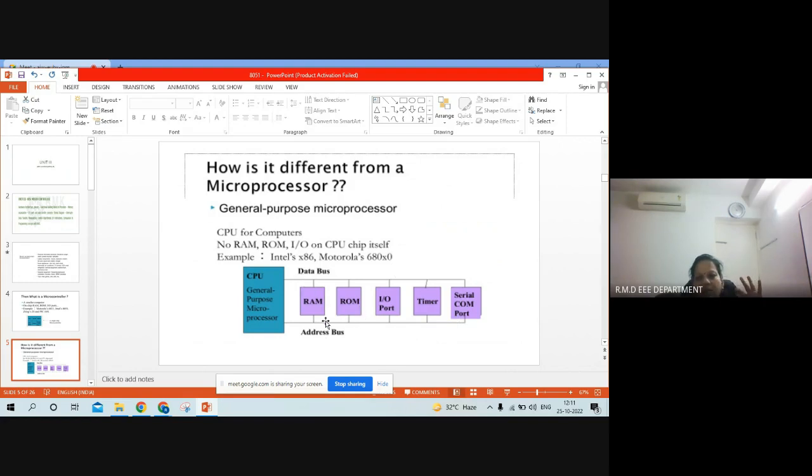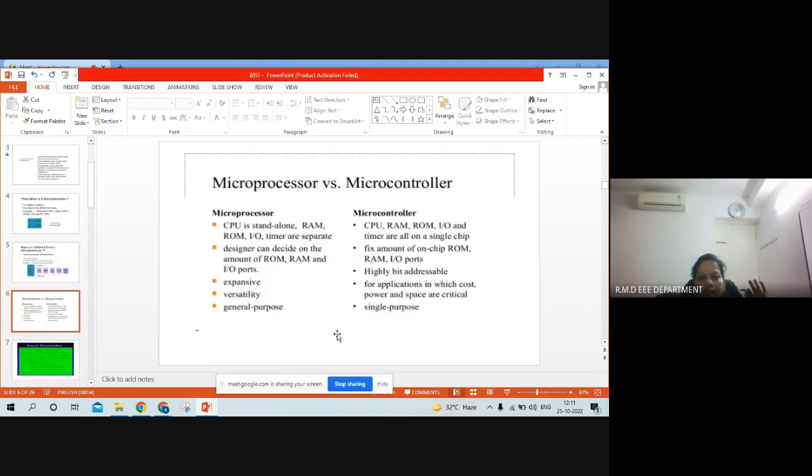So the main difference between a microprocessor and a microcontroller is that everything is available on a single chip in the case of a controller, whereas in a processor, all the things are externally connected through the data bus and address bus.